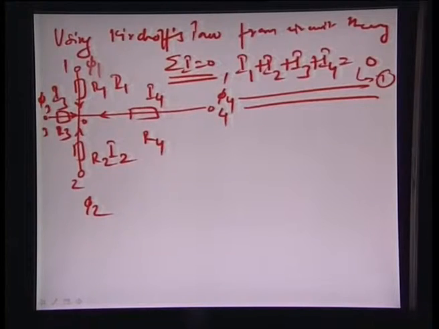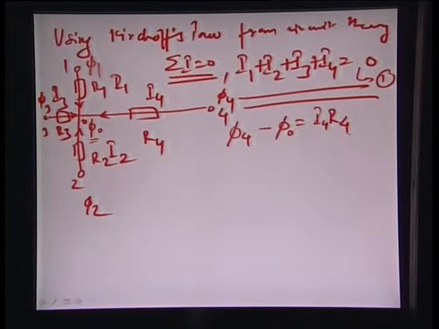We also try to figure out what the differences in potential would be. So, if you look at, let us say, just the arm 4 to 2 and 4 to 1. Okay. So, phi 4 minus, let us assume that there is a potential phi 0 at this particular node here, right. So, we can also write phi 4 minus phi 0 as essentially the drop in potential by assuming that I 4 passes across the resistance R 4.